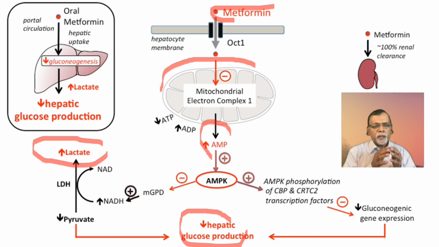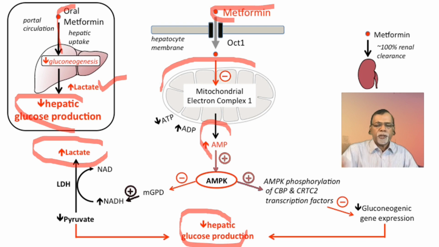So the decreased hepatic glucose output is mainly by action on the lipid metabolism. Hope this point is clear. What you should remember is oral metformin leads to increased uptake in the liver. The liver produces decreased glucose output and produces an increase in the lactate. This is the summary of what you should remember.